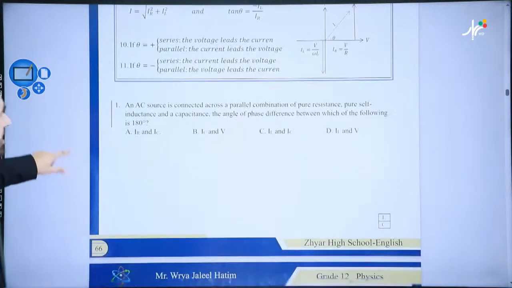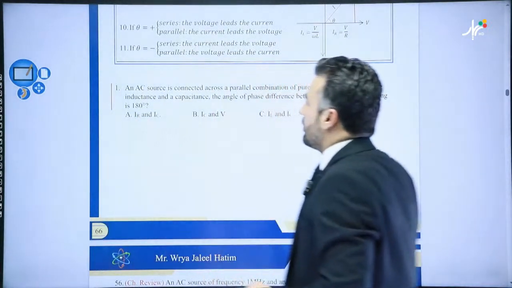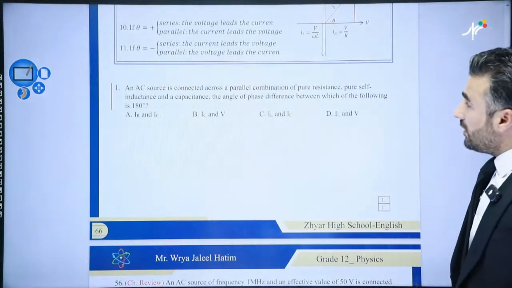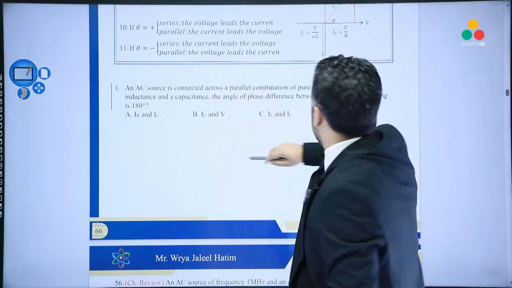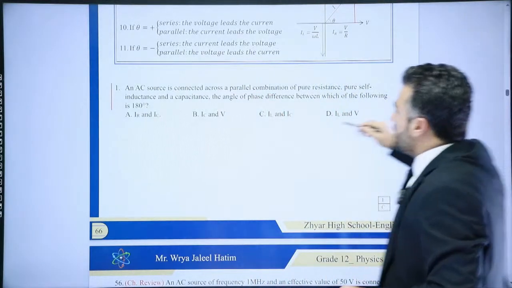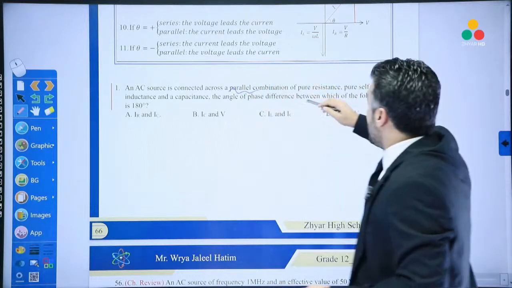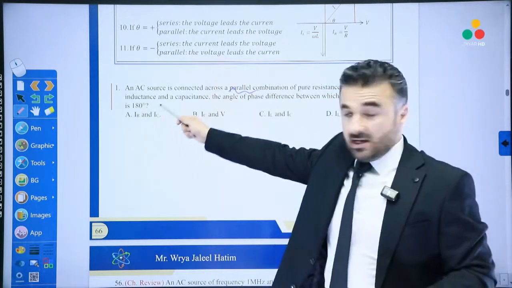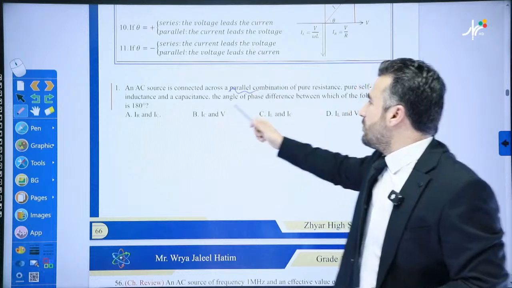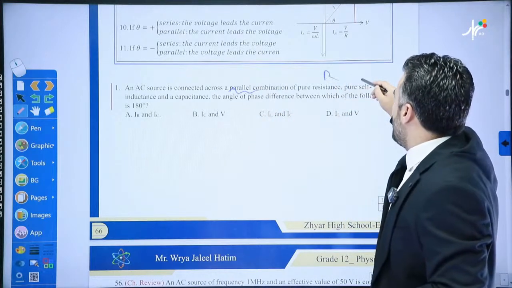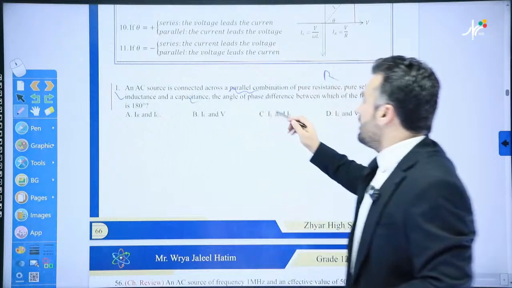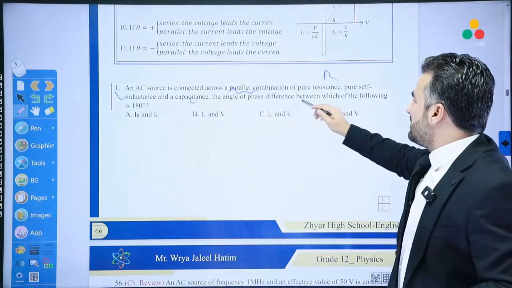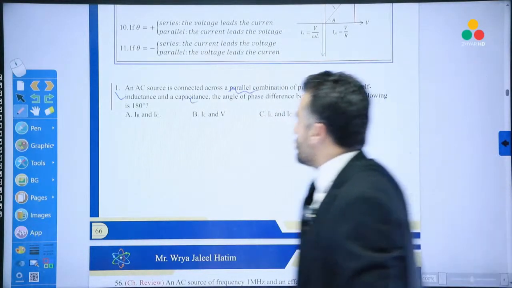We have a Zhyar question, says what? An AC source is connected across a parallel combination of pure resistance, a pure self-inductance, and of course a capacitance. It's very important to remember this. So we have R, we have L, and we have C. And the angle of phase difference between which of the following is 180?